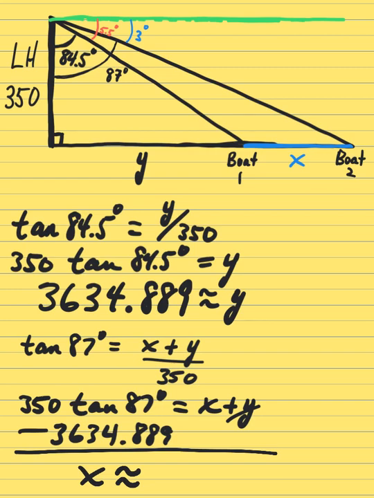I get 3043 point, and this problem asks us to go to the nearest tenth, so 0.5. And x is what we were looking for, and so x is what we just found.